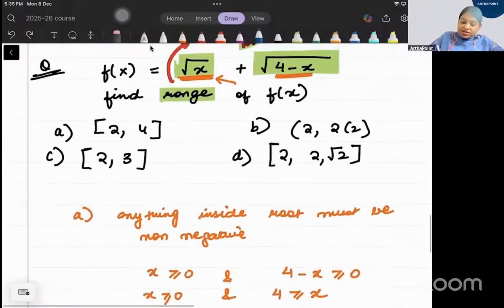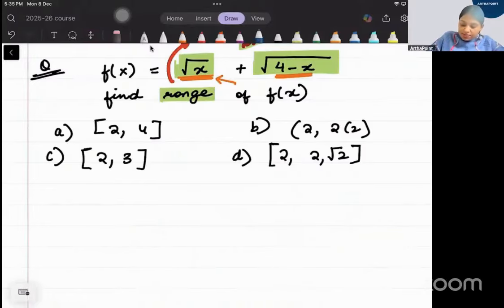Notice that since this is a function which is having its domain defined between 0 to 4, I can check what values the function is taking at 0 and at 4. एक बार ये भी check कर लेते हैं.